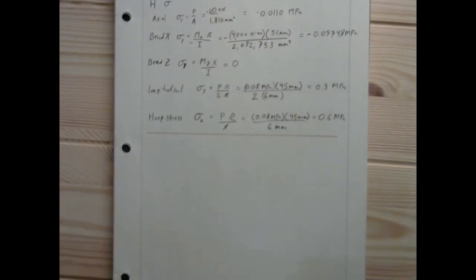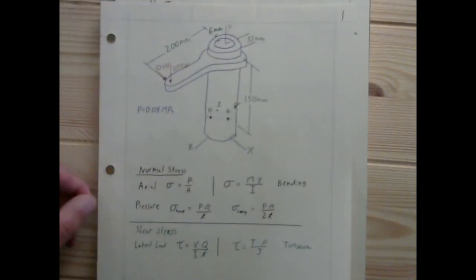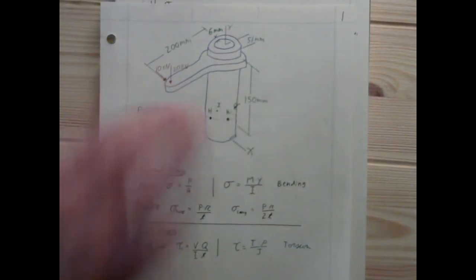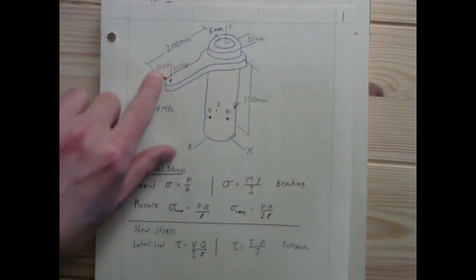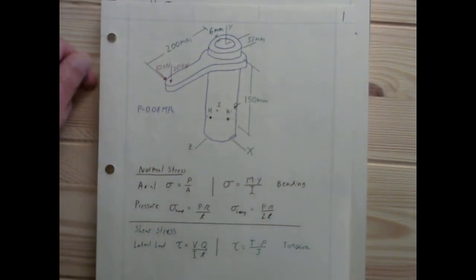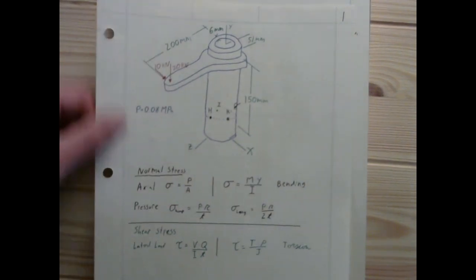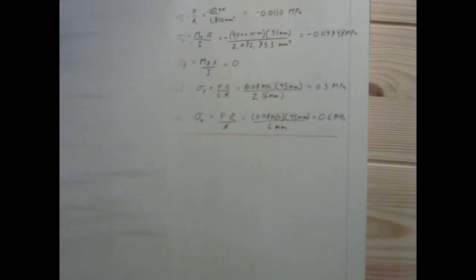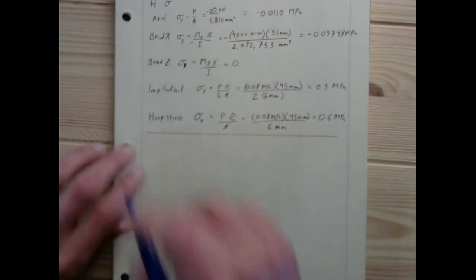So let's start though with the lateral shear in the x direction. So the normal lateral shear resulting from this 10 kilonewton force. There's also going to be torsion from it, but there's going to be just shear from this.